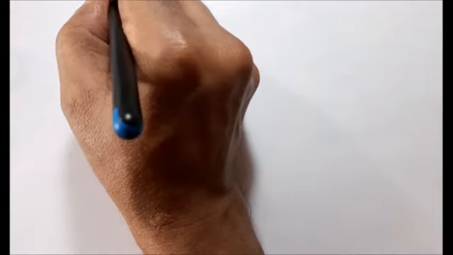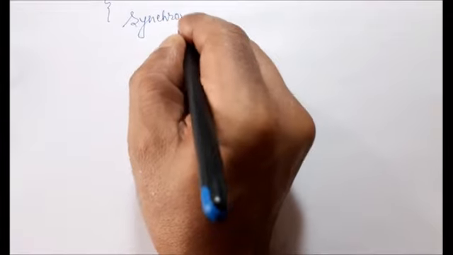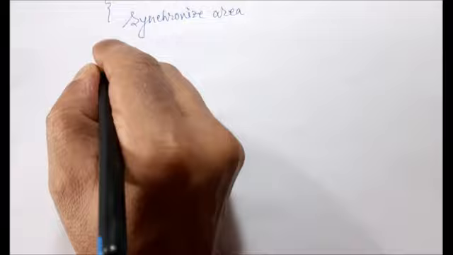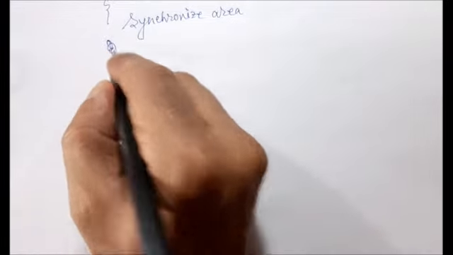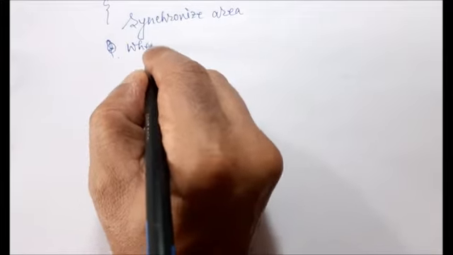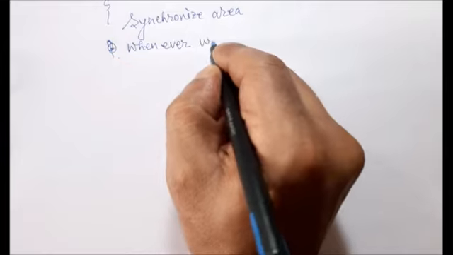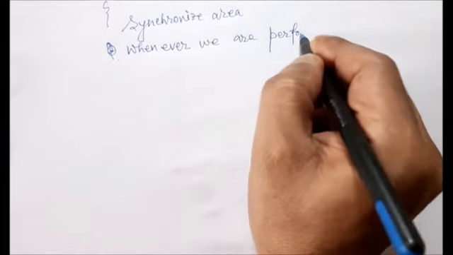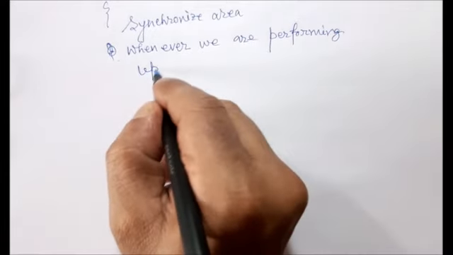For example, class X, I will write a synchronized area, where very important data will be kept, whenever we are performing an update operation.